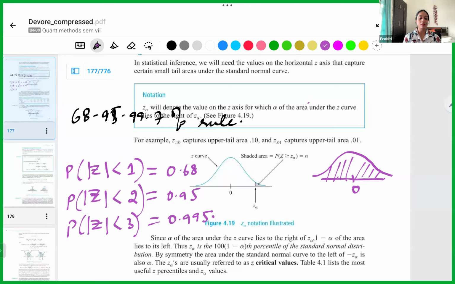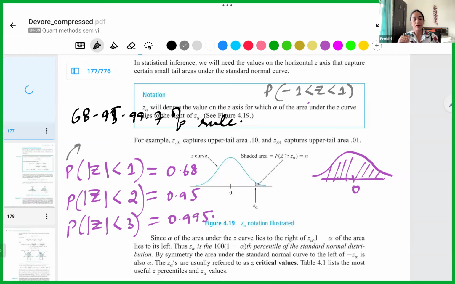Now when we say that the probability that mod Z is less than 1, this essentially translates to the probability that Z lies between 1 and -1, है ना? यही मतलब है इसका.